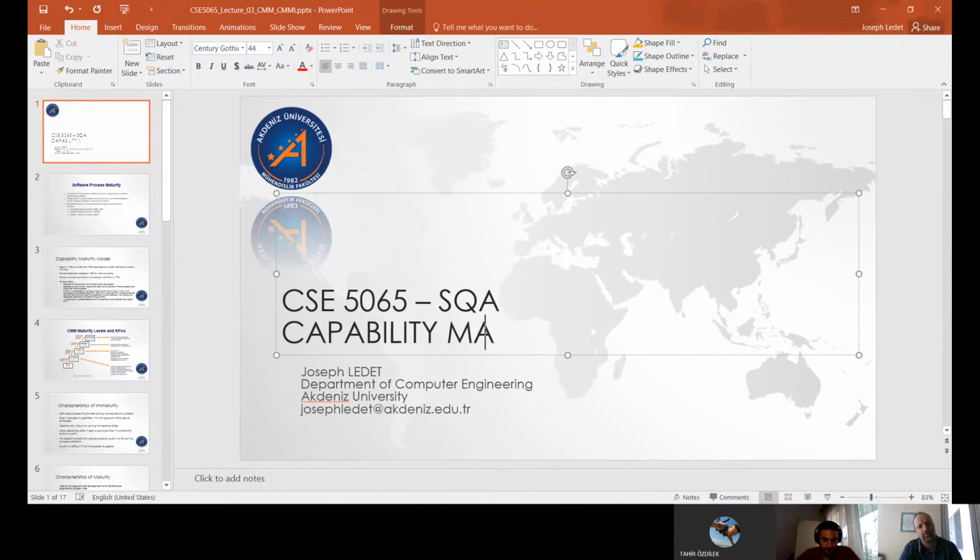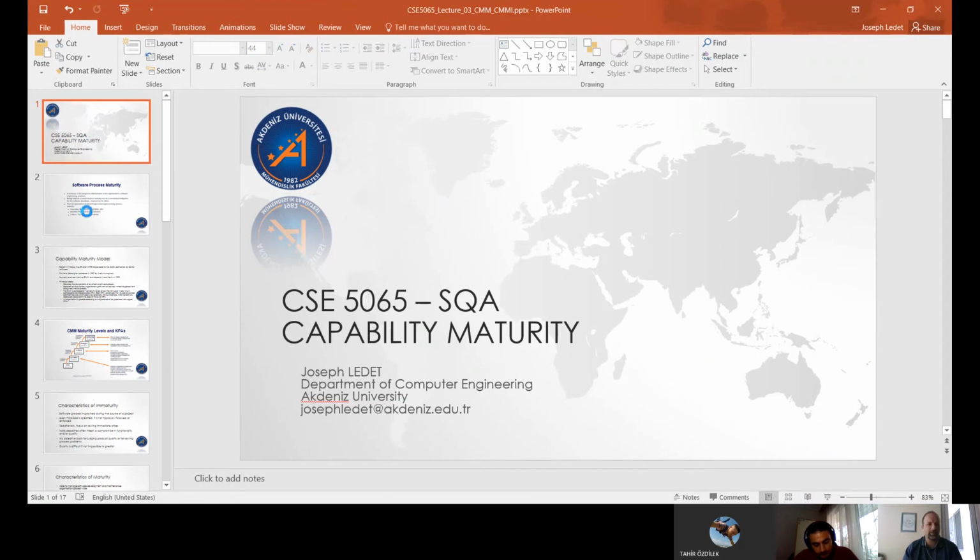But how can we tell if a process is good? Because even here we're talking about quality, right? How do we know if a certain process is a quality process, is a good process for our organization, for our company?